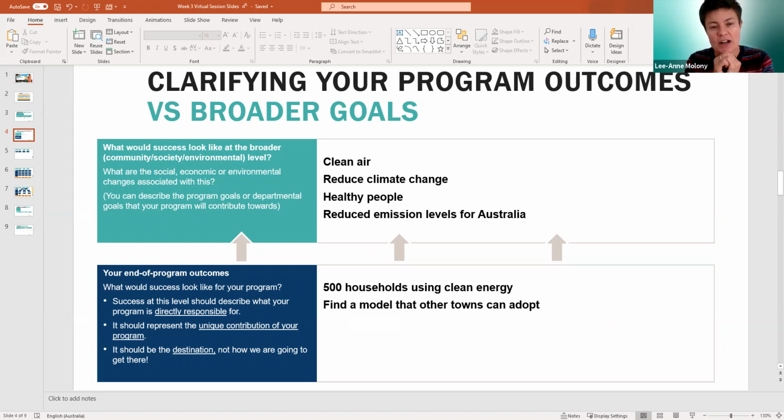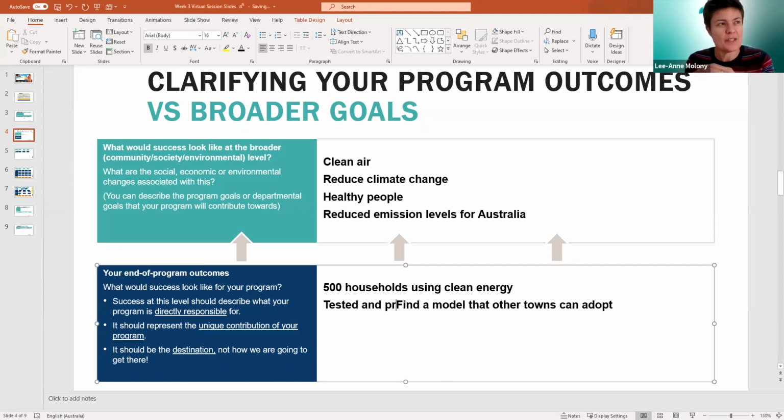We're not really trying to find a model; we are trying to find a model that other towns can adopt, but a way of wording it as an outcome might be: we've got a tested and proven model for application in other towns. Okay, that's what we'd like. It's an outcome. It's a state that we want to achieve. Tested and proven model for application in other towns. Great. So I think we've got the hang of this here.